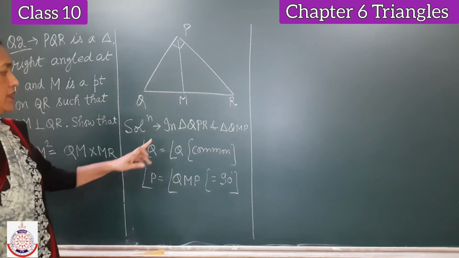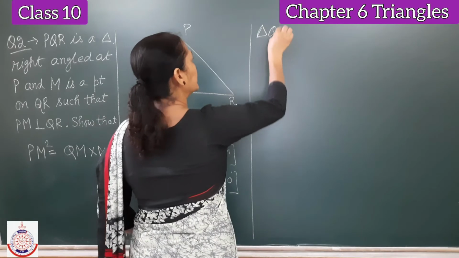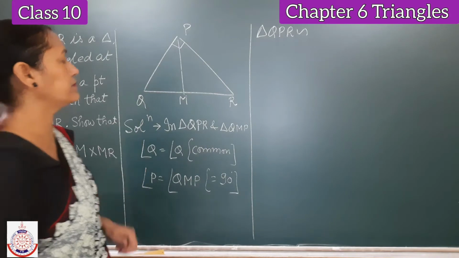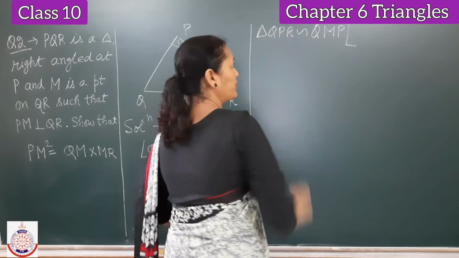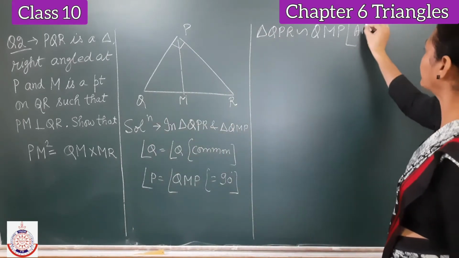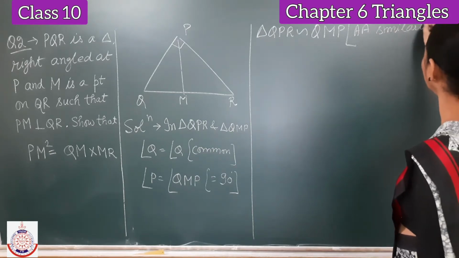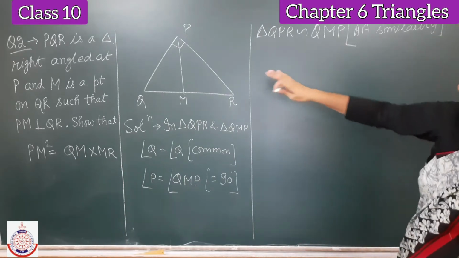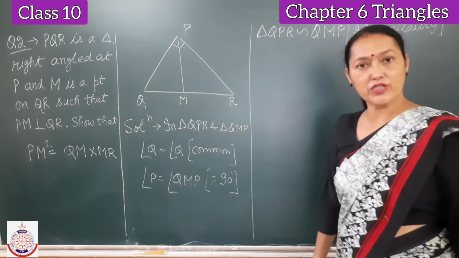That means this triangle QPR is similar to triangle QMP. As we have proved two angles equal, we are using AA similarity. So by AA similarity, the bigger triangle and the small triangle QMP are similar to each other.